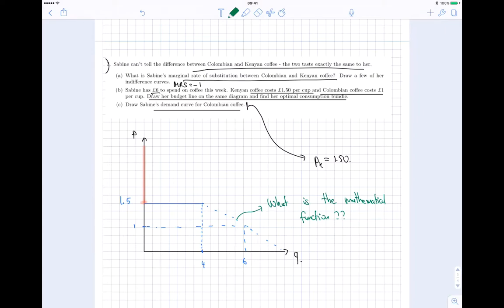P equals 6 over Q. How would that function look like if you were to draw it? Certainly wouldn't be a straight line. If P is equal to 1, Q is equal to 6.